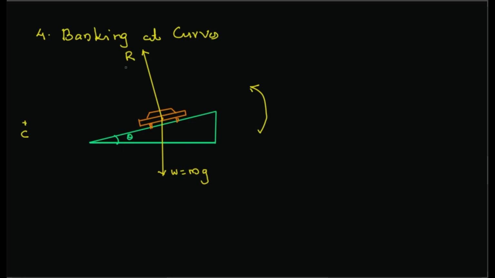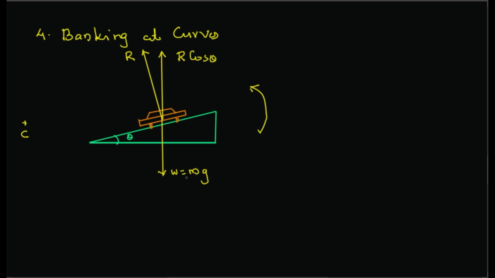Now we are going to draw the two components of the reaction force. One is vertical, another one is horizontal. The vertical component of the reaction force should match the weight of the car. We can write it as R cos theta.